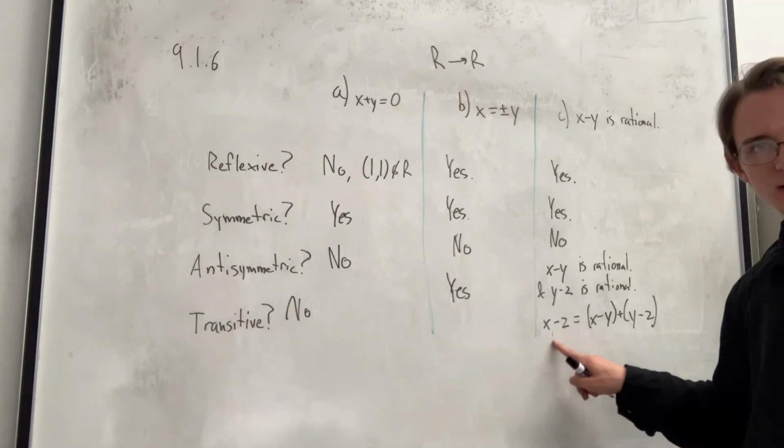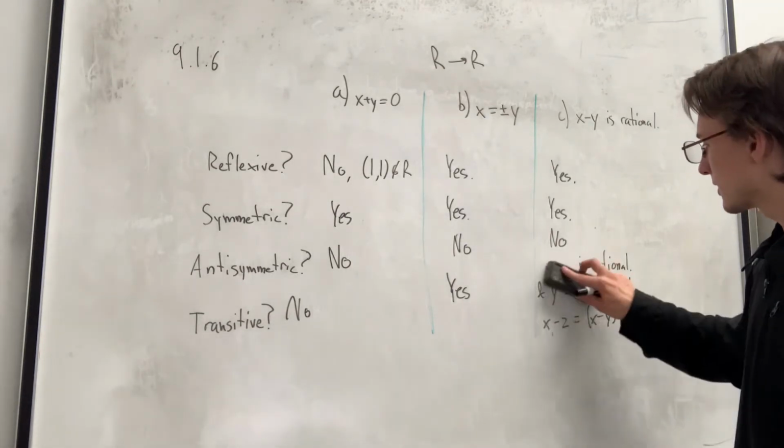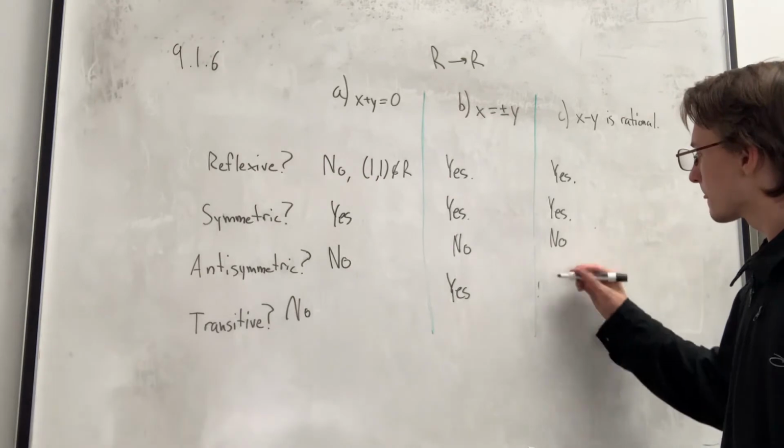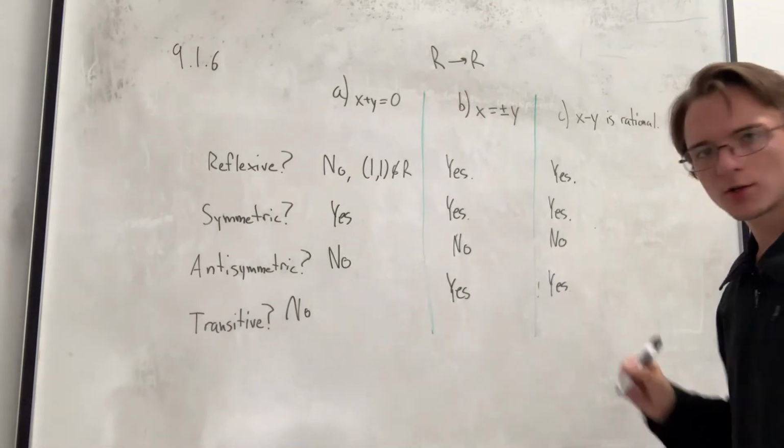Therefore, x minus z is rational as well. So we would say yes, it is transitive.